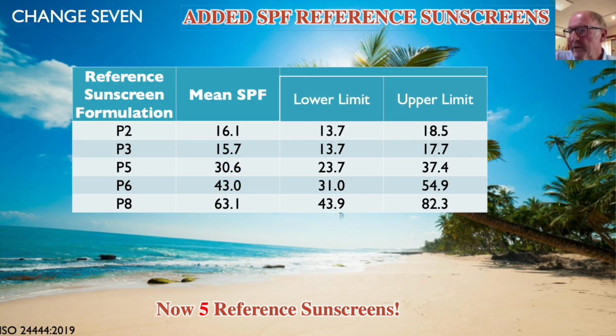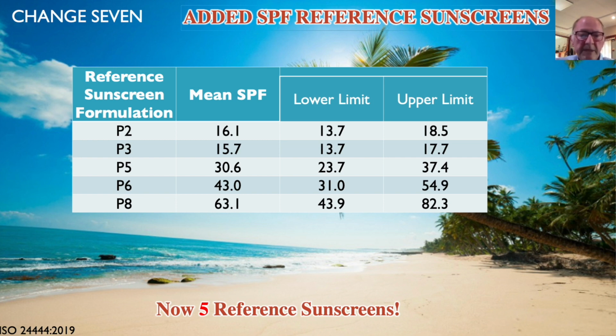Change 7 was a fairly dramatic one and took a lot of time to deal with. That was because we decided in our wisdom to increase the number of options for the reference sunscreen, which is used like an internal control in the experiment. And we now have 5 reference sunscreens instead of previously what was called P2, P3.